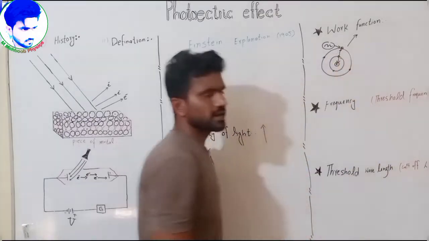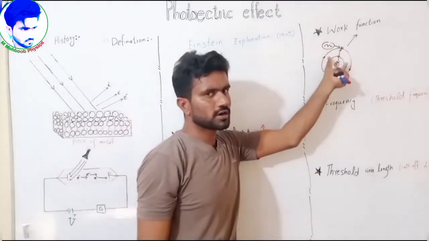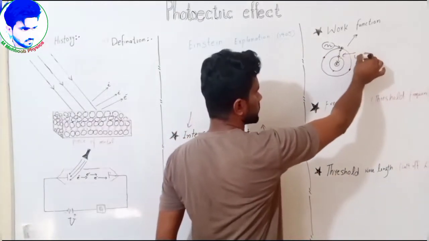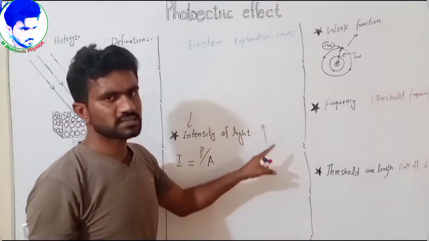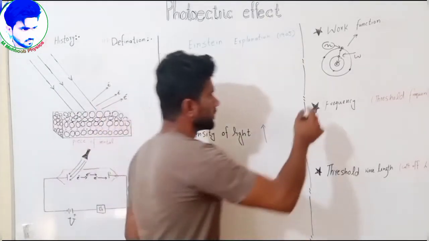To overcome this binding force, the energy of the photon is used for this purpose, and that is called the work function of any metal, and it depends on the material of the elements.